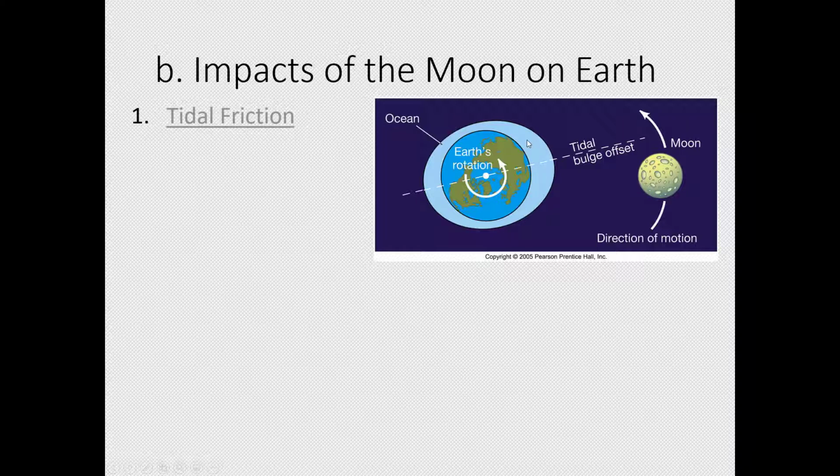So on the side of the Earth that is closest to the moon, there will be a bulge in sea level, and that's called the tidal bulge. While there's a tidal bulge, the Earth is rotating beneath it, and that water continues to move along with the rotation of the Earth.